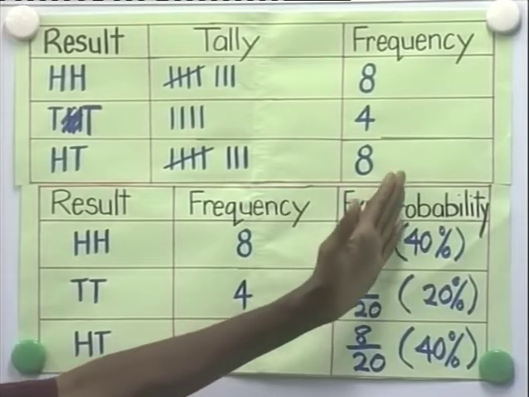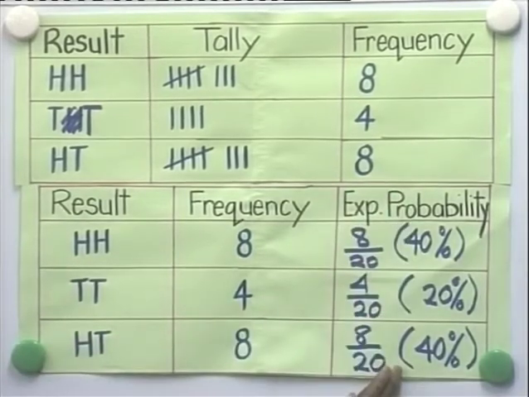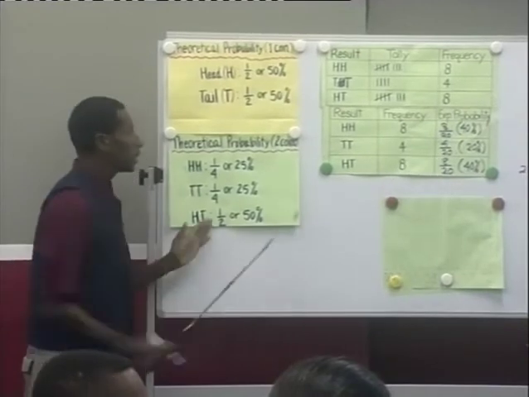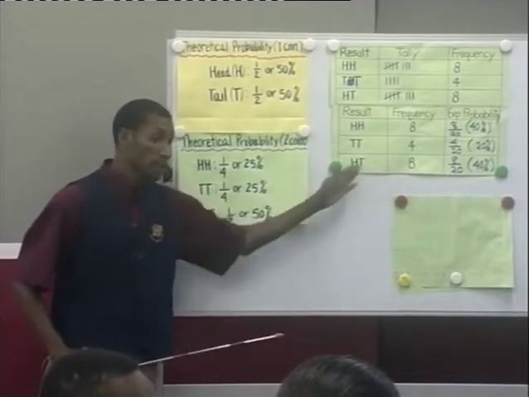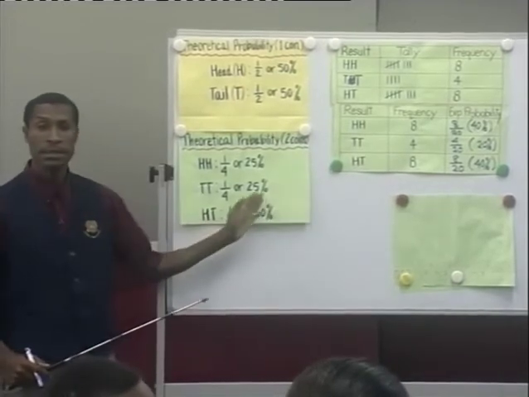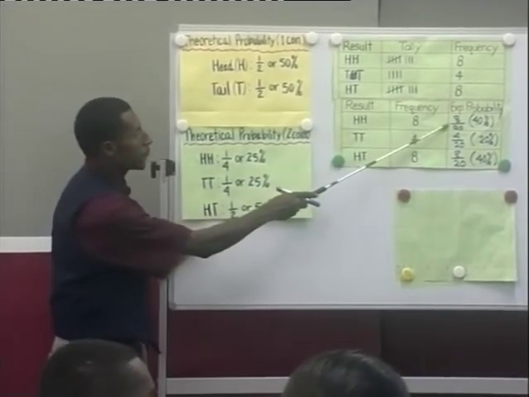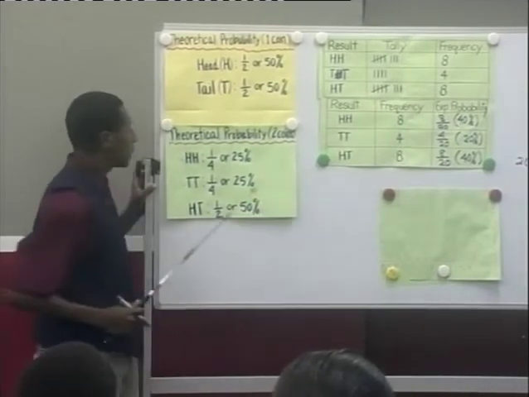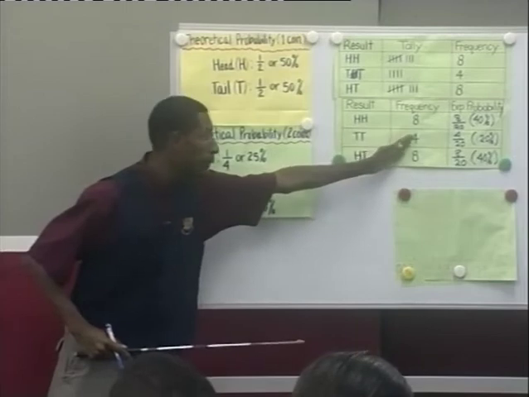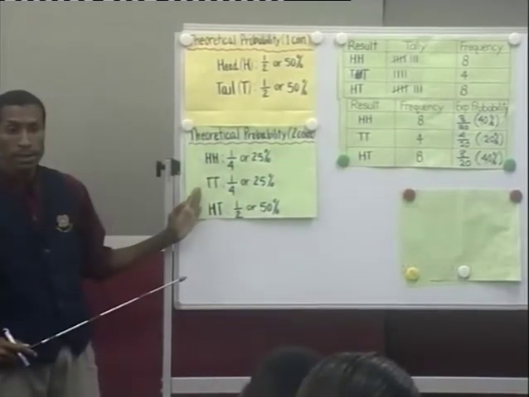Now, look at the experiment probability and look at the theoretical probability. Can you see some differences there? Compare that experiment probability with the theoretical probability.